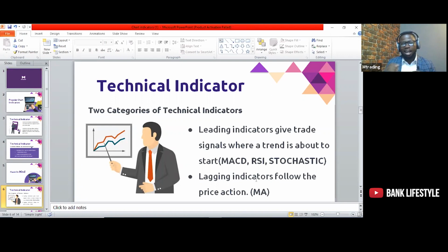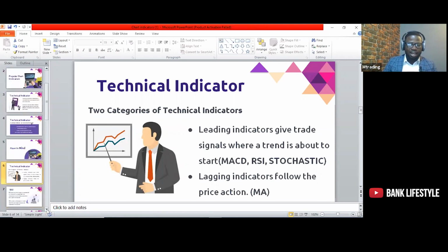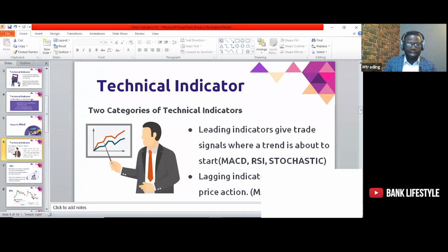It's also a lagging indicator. We have the fractal. It's also a lagging indicator. We even have a lot more that are also lagging indicators. So just a second, we are going to go to the chart, and you'll see these examples about the leading and the lagging indicators and how they work with your charts.